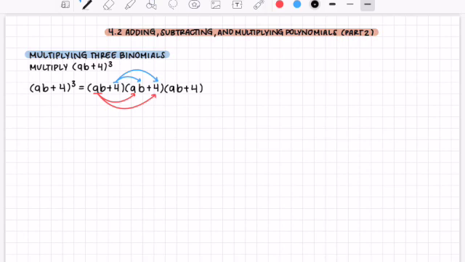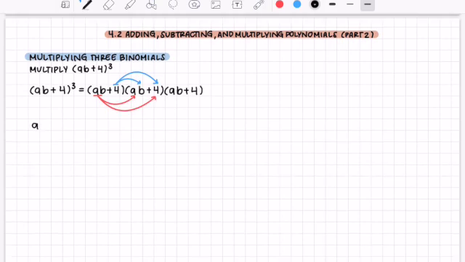So ab times ab, I'm going to figure out that equals this. I'm also going to multiply ab times 4. On the other side, I'm going to multiply 4 times ab and 4 times 4. Okay.